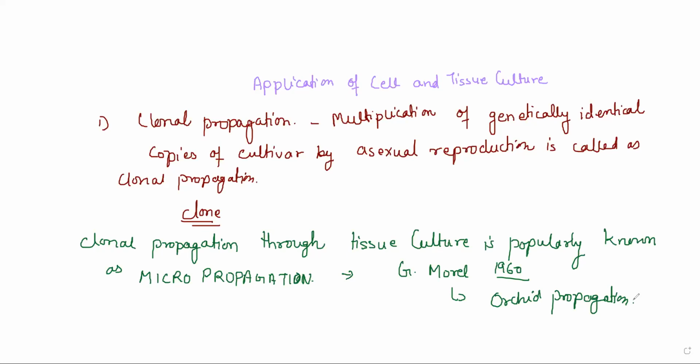Microplants can be generated in different ways. So these microplants can be generated in 3 different ways: from the pre-existing shoot buds or primordial buds, meristem, which are encouraged to grow and they are proliferated.